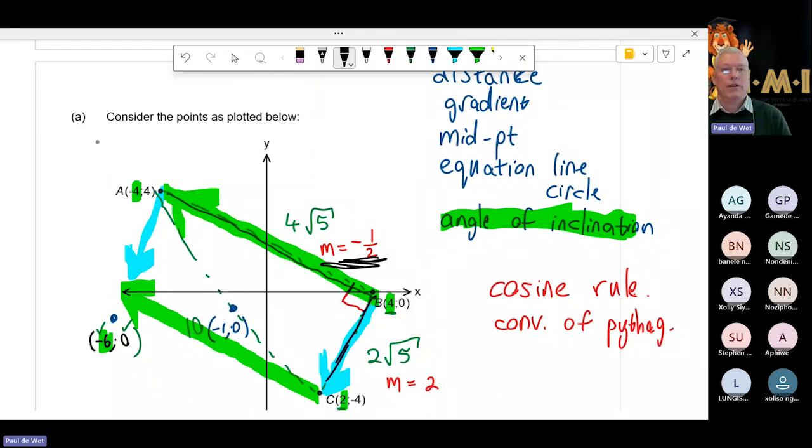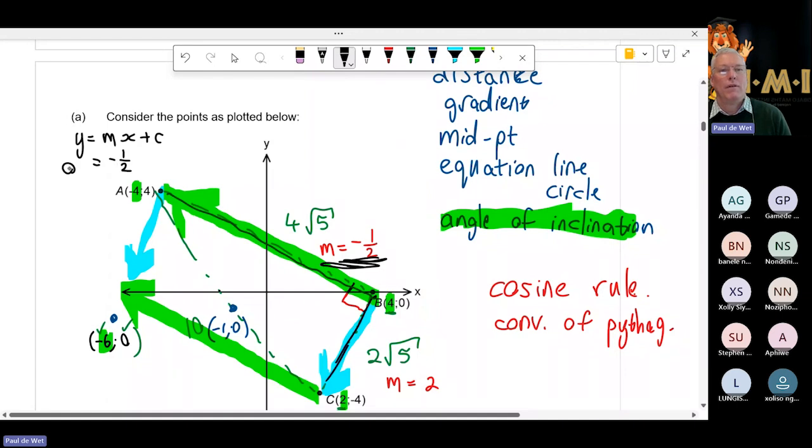Gradient is negative 1/2. We will substitute into the equation y equals mx plus c. Which point did you use? Point B. So tell me what you put in here.